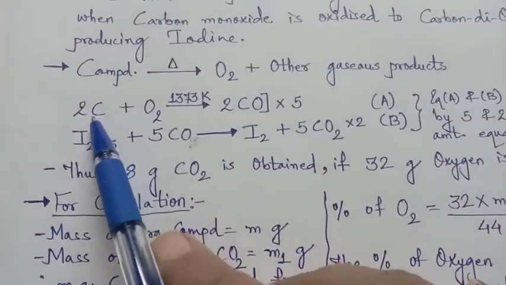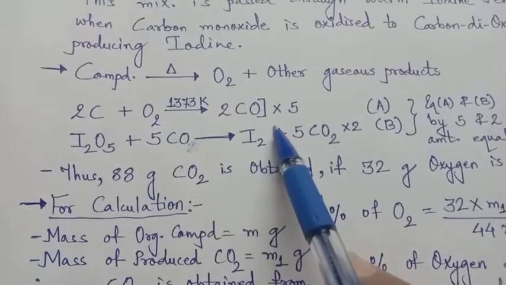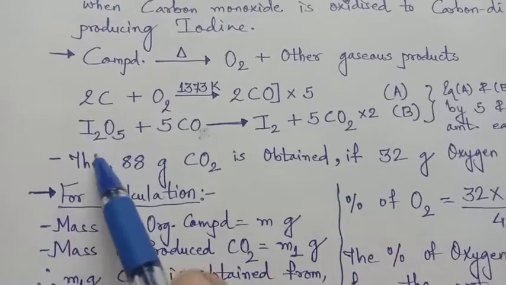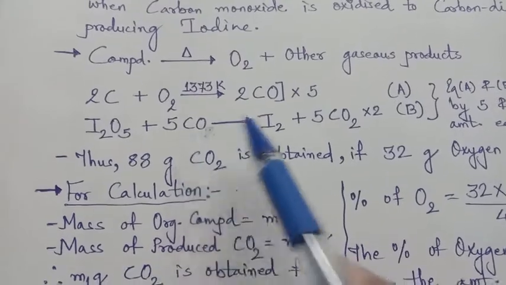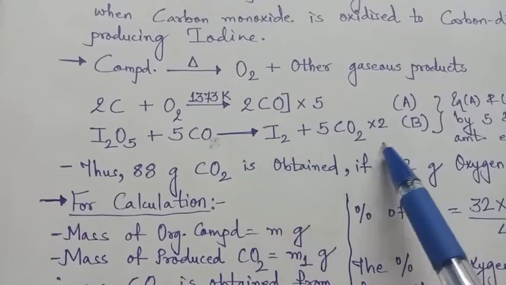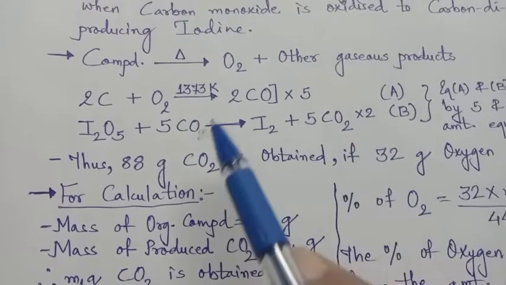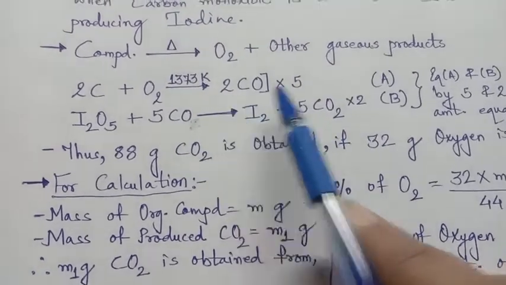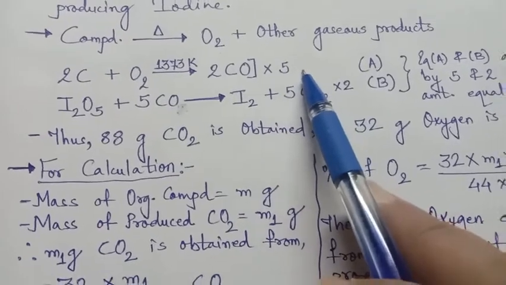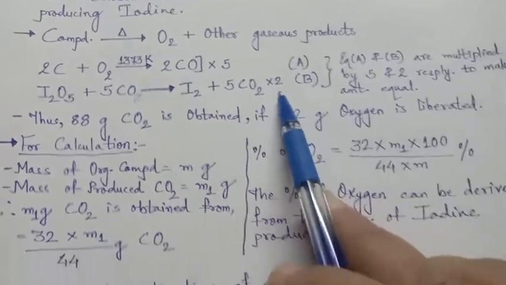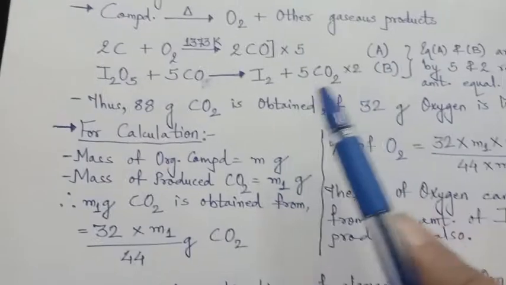Now see here, 2C plus O2 will give 2CO, and I2O5 plus 5CO gives I2 plus CO2. To balance this, it is multiplied by 5 and by 2, so they both can be balanced.